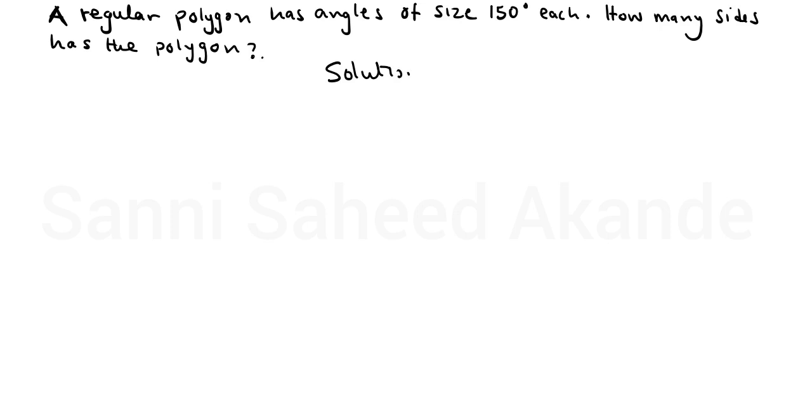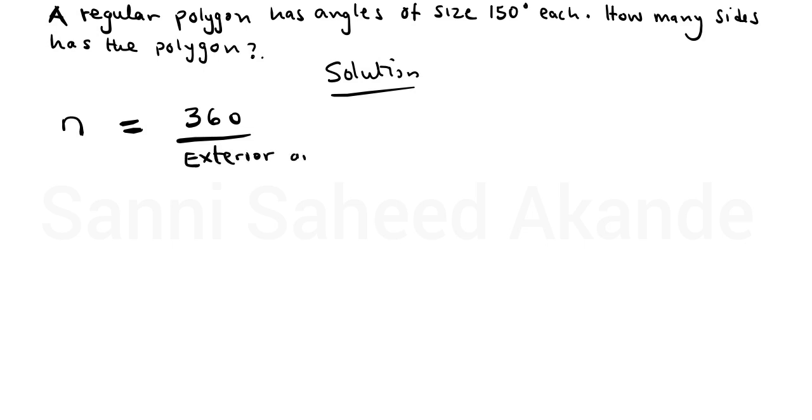Whenever you want to find the number of sides, the number of sides is denoted with n, and is given to be equal to 360 degrees divided by the exterior angle.